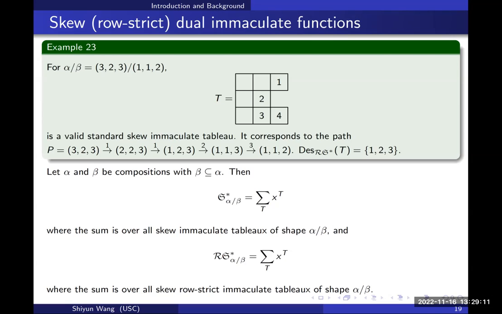For example, this is 4, so this is going to be the first box we take off, and then 3, and then 2, and 1. From there, we can also read the descent set as before. And we can use the same tableau to read the descent set for the skew immaculate function. Combinatorially, the skew versions are just the generating function for this kind of skew tableau.